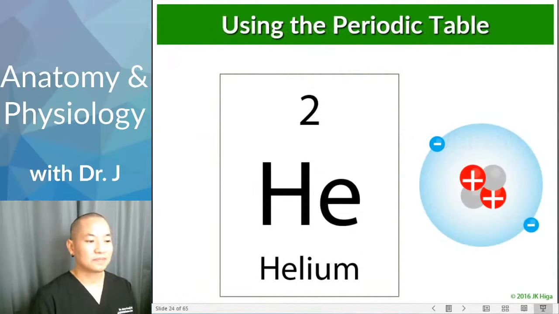When you see the periodic table, you notice that it's a grid and it has all these numbers, abbreviations, and the full name. Well, not all periodic tables have it, but this is a typical thing you would see in a cell of the periodic table. This is the full name, and this is the atomic symbol.